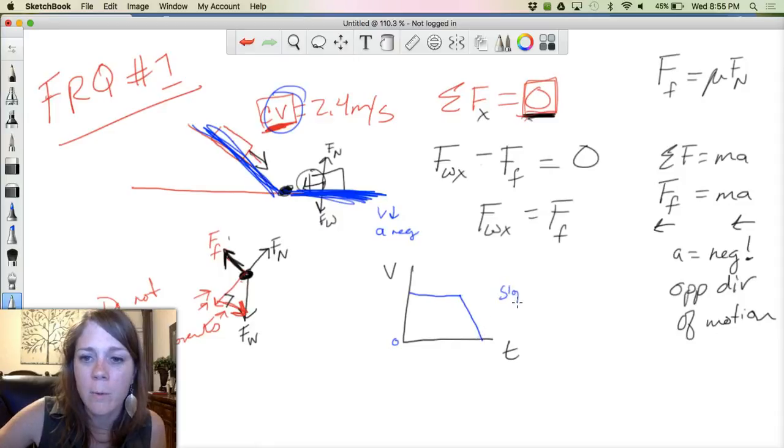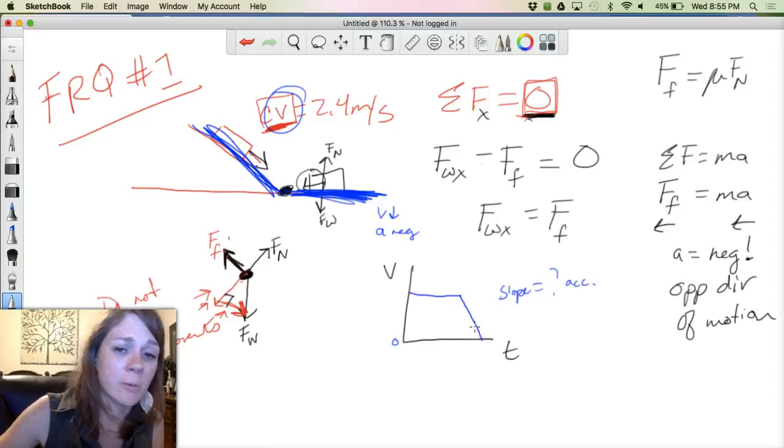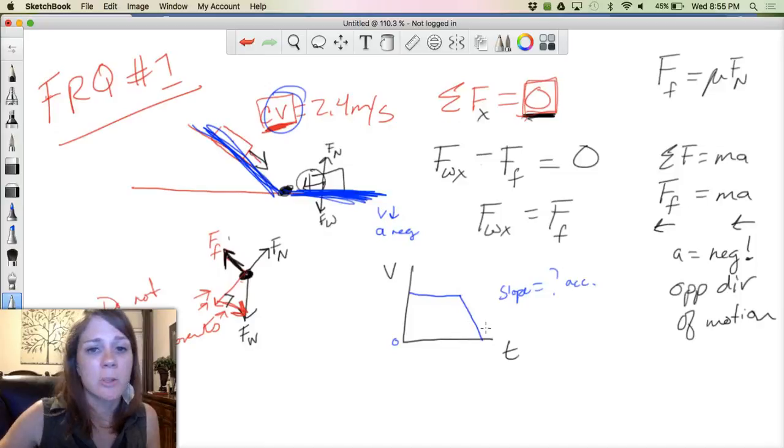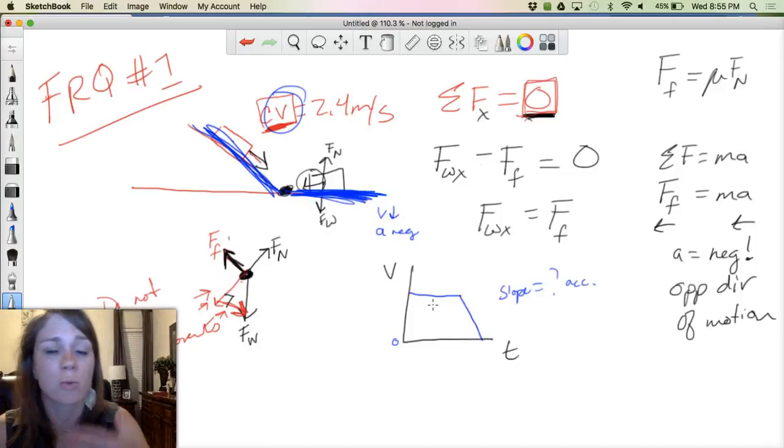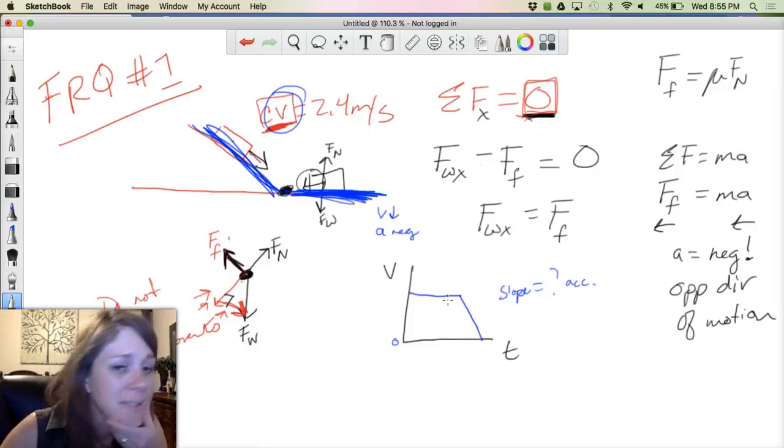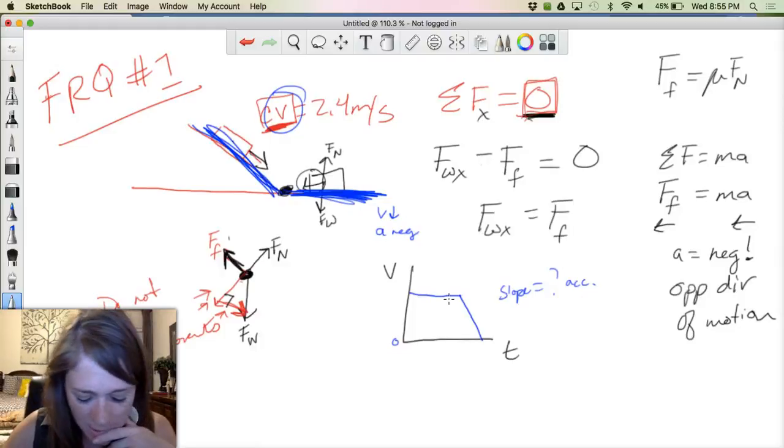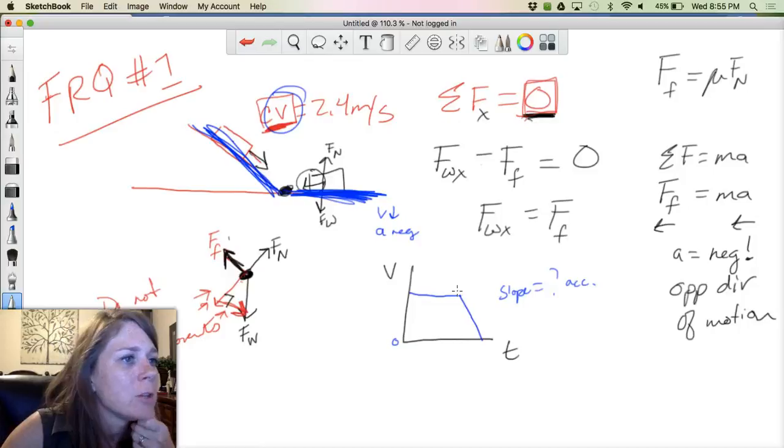What is the slope of the velocity time graph? It is acceleration. And what type of slope do I have here? A negative or positive one? I have a negative slope. So everything that I've described and drawn here is consistent. So that is part E for FRQ number 1.